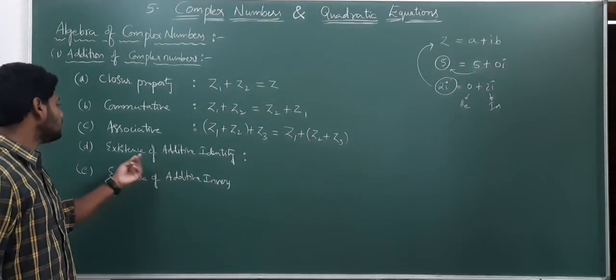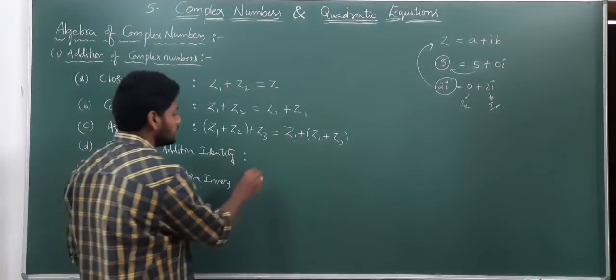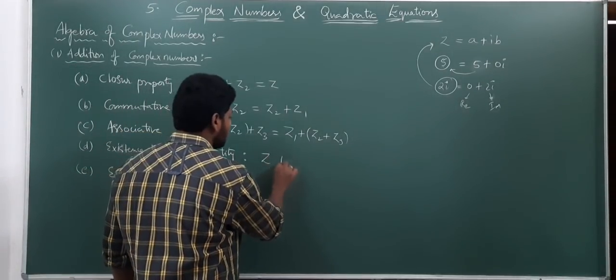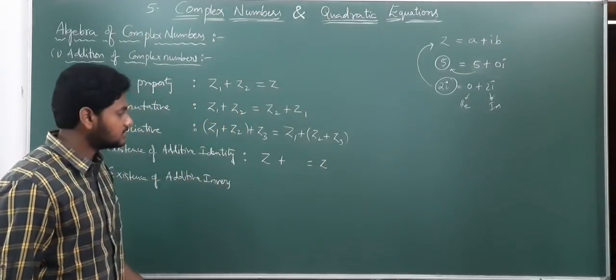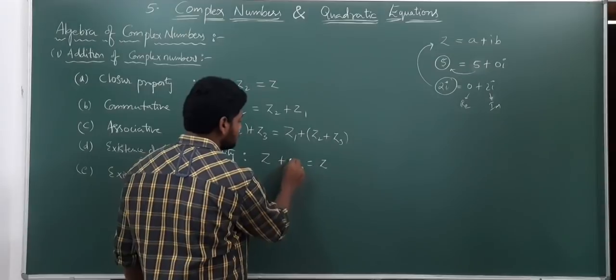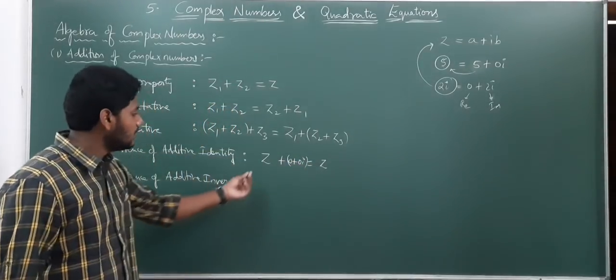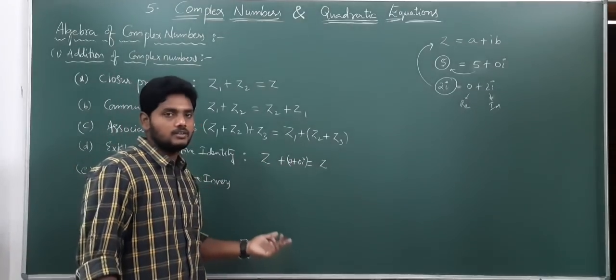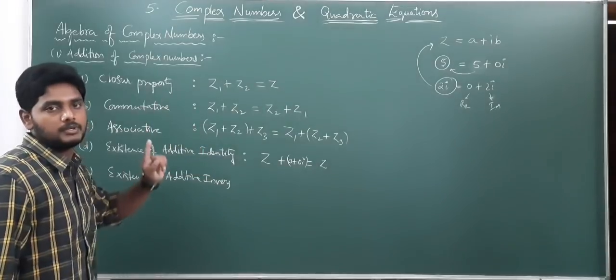That means what if we add, we will get the same number. That means for Z, what if we add, we should get Z. Is that possible? Yes. If we add 0 plus 0i, nothing but if we add 0 to that complex number, again we will get that same number, right? So existence of additive identity is also possible in complex numbers.